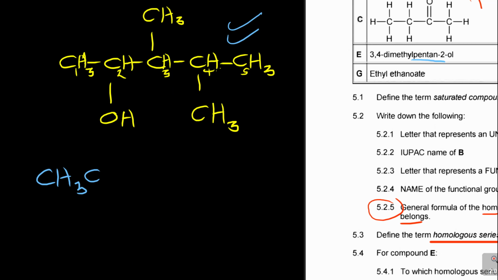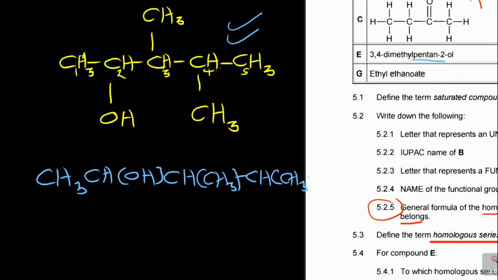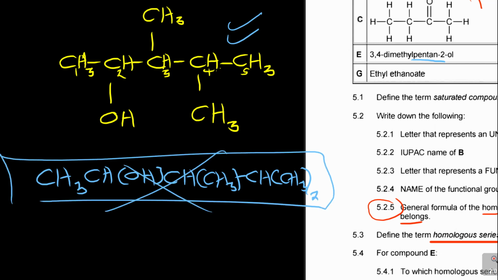Or you could write it like this: CH3 CH bracket OH, they allow it, and then CH, and then you put brackets and CH3, and close it, CH again, CH3. But I don't advise this one. Let's go for this one. It makes things easier.